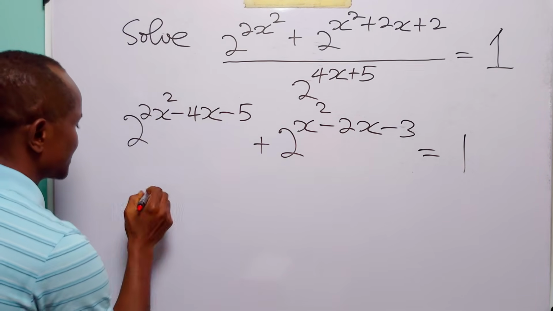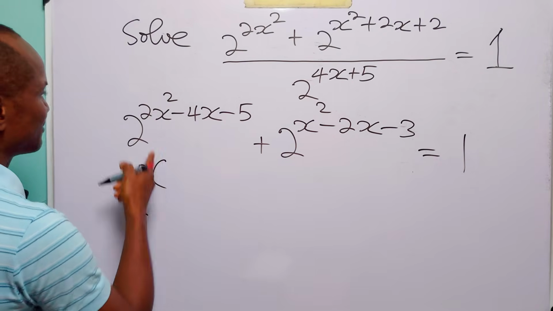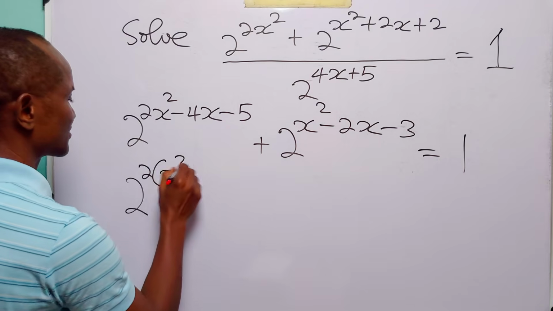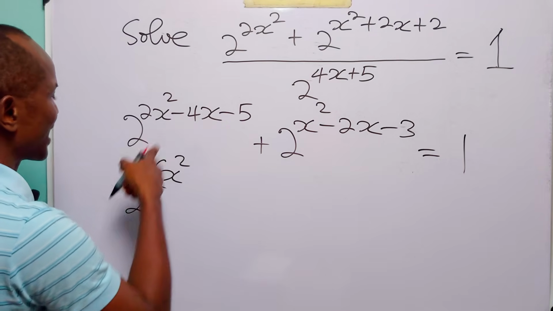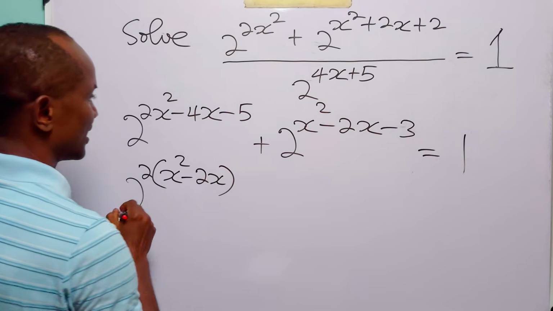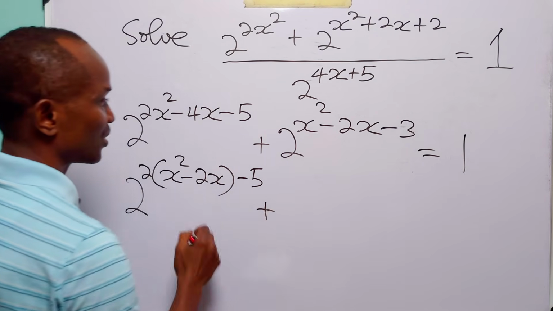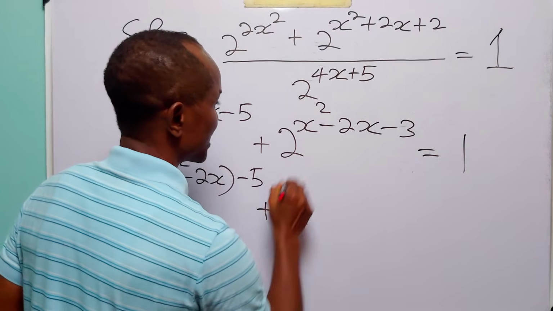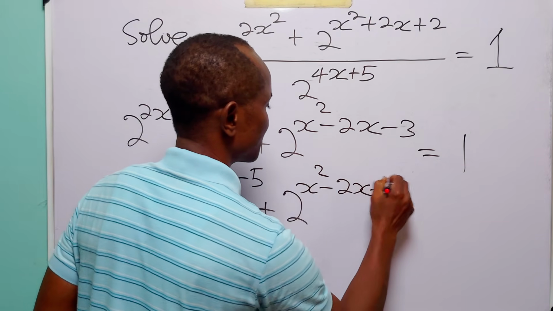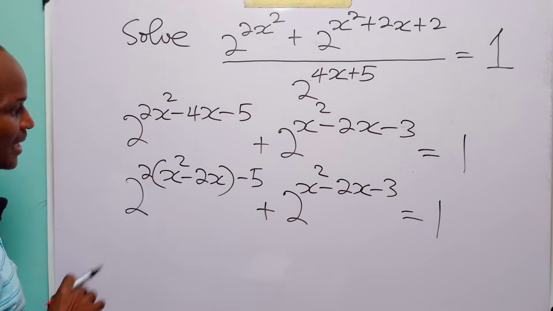And we can write this as 2 to the power 2 multiplied by (x squared minus 2x), minus 5, plus, in this case we leave it exactly as it is, 2 to the power x squared minus 2x minus 3, and everything is equal to 1.